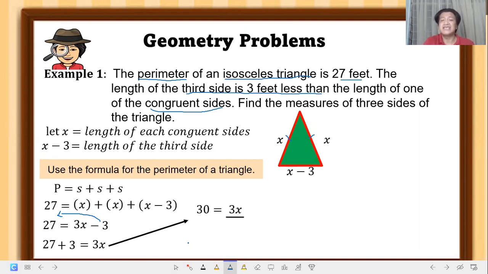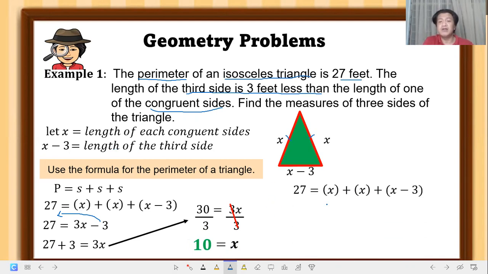Kasi kailangan matira si x dyan. So therefore, you can now cancel. What is 30 divided by 3? That is x is equal to 10. So since nahanap na natin yung value ng x is 10, how are we going to find the three sides of a triangle? Substitute lang natin para ma-check muna natin.